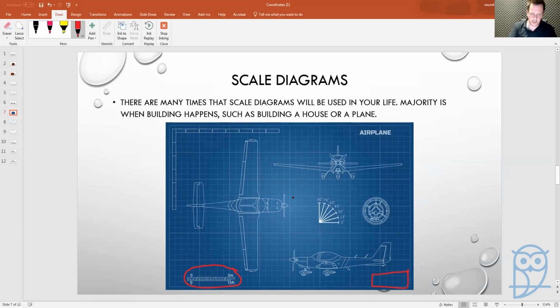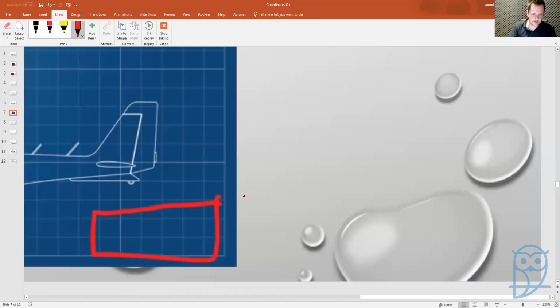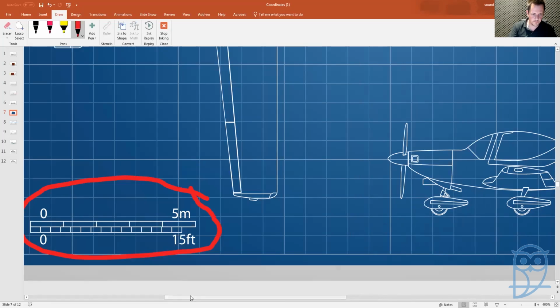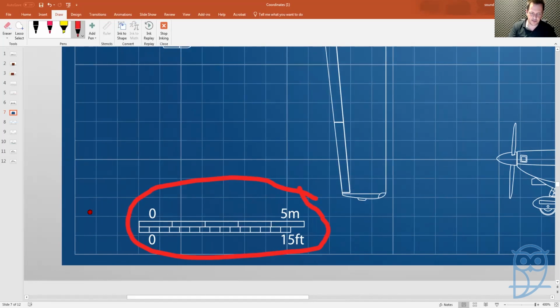If you're struggling to see the picture, I'm going to enlarge it a little bit for you. So there's your scale. This says that if you were to measure this distance here, there's 1, 2, 3, 4, 5, which means this would be 1 meter.